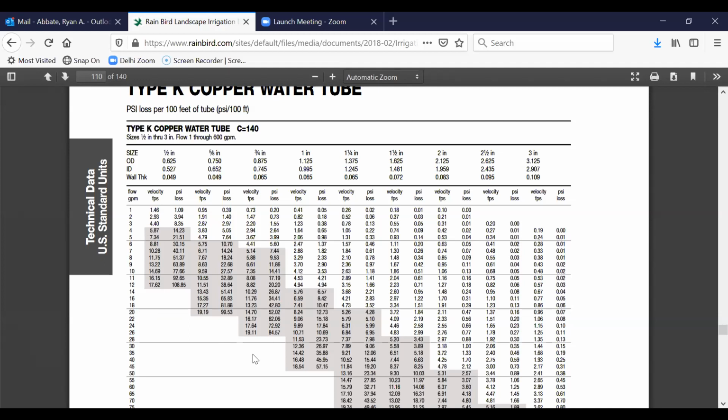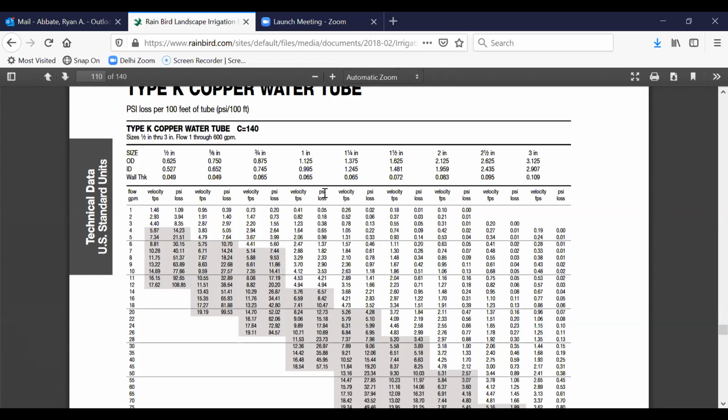So is there a number higher than that? Because remember, we'd stay within the gray. We don't want to exceed 7.5 feet per second. Oh, is it under the velocity column? Yes. There you go. So 7.4, so 18. 18 gallons per minute is the maximum safe flow through that without going past 7.5 feet per second.